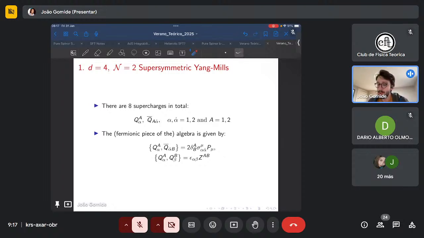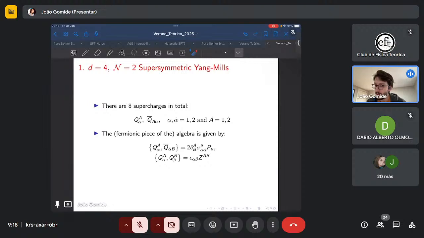And the algebra is the thing that you probably saw in the lectures, so it's just this thing here. So P is the translation generator, and we see that Q squares to P with this Pauli matrix.